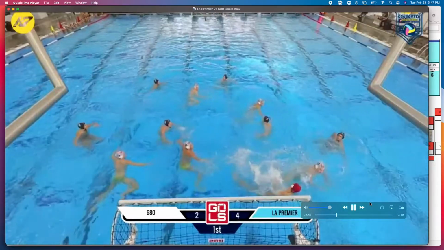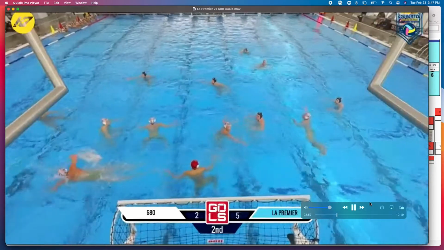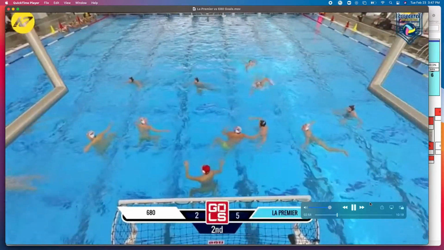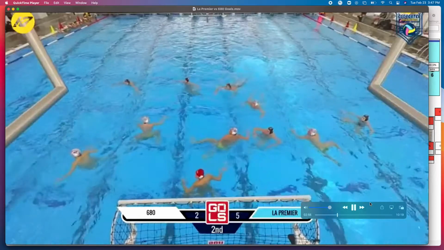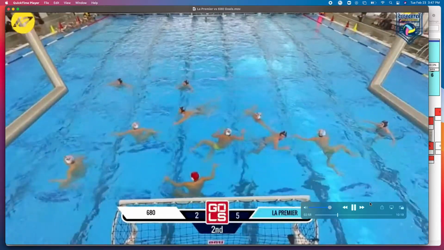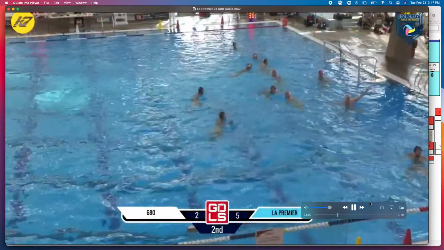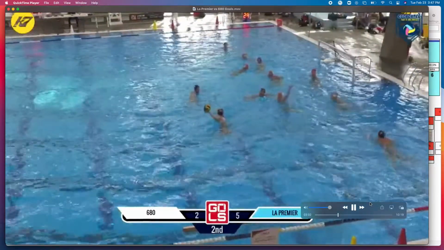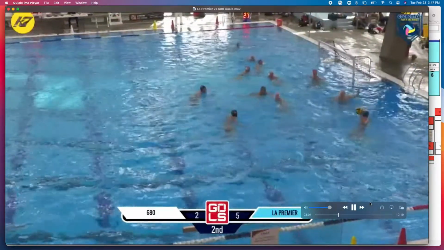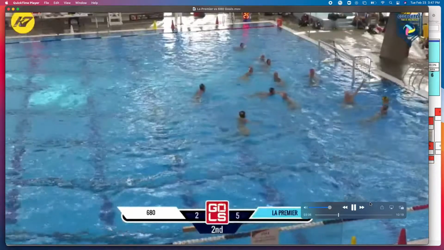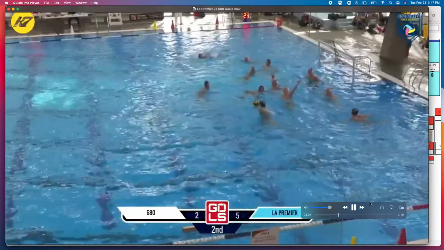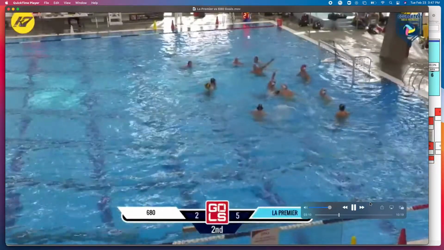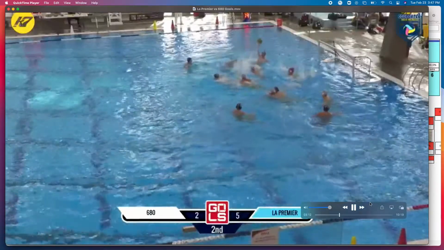Missed the 2 pop there. Number 3, Wyatt Mundelius. Gonna get it live there. Send it back here for LA Premier. Shot coming. Number 9.